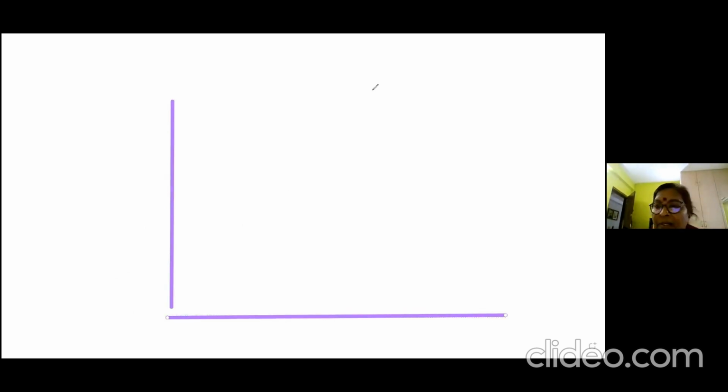Again, this is your y-axis, which is salary, and this is your x-axis, which is your job points. Is it very clear?